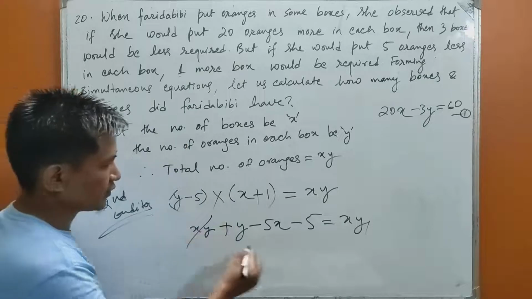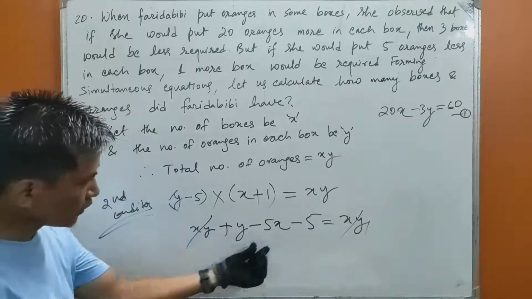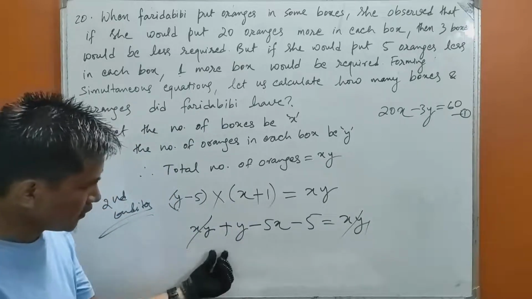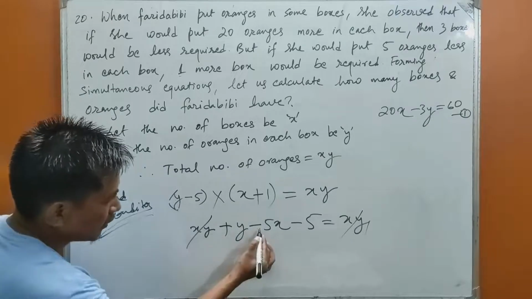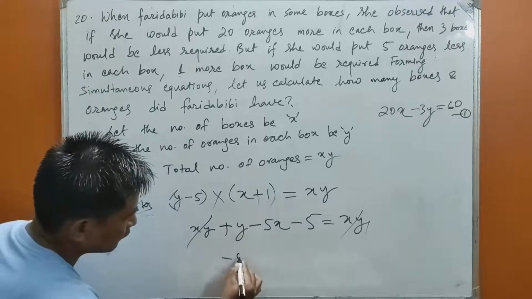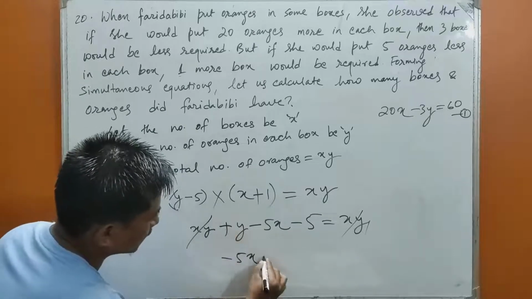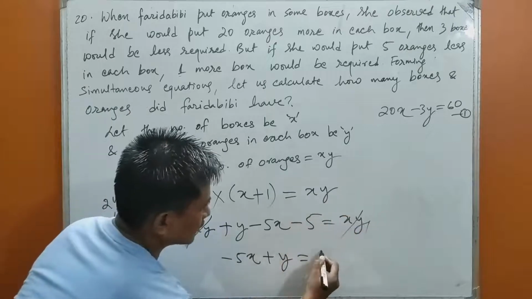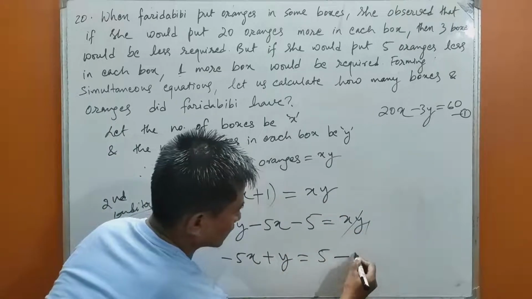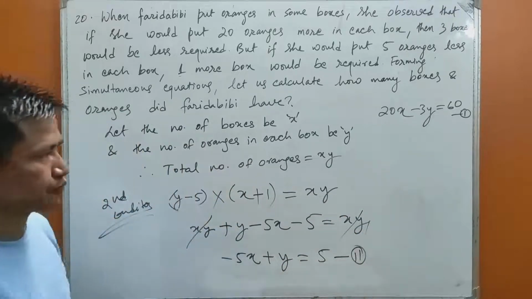So why not cancel here itself? So let me write this 5x in the front and plus y later, okay? Minus 5x plus y equals to, let me take this minus 5 to the right hand side, it becomes plus 5, isn't it? So this is equation 2.